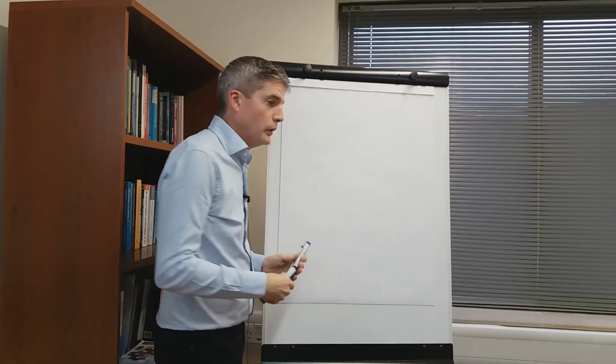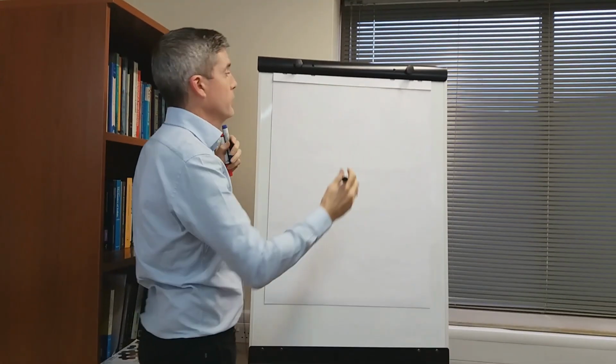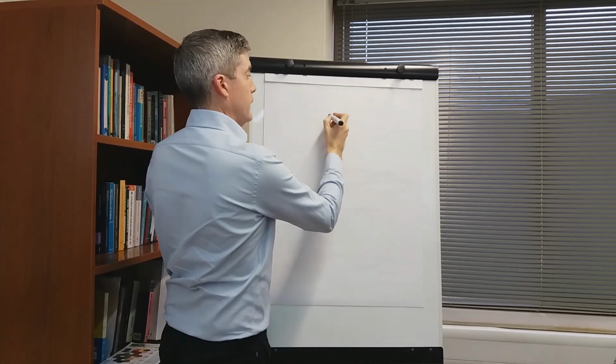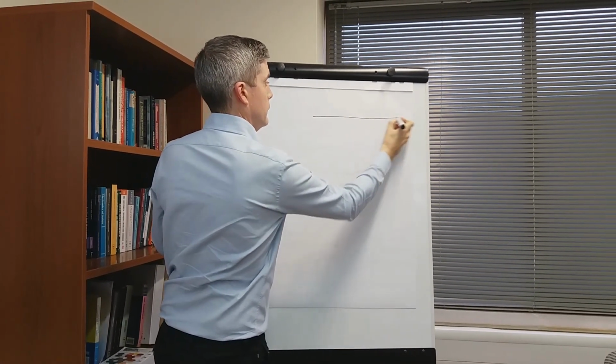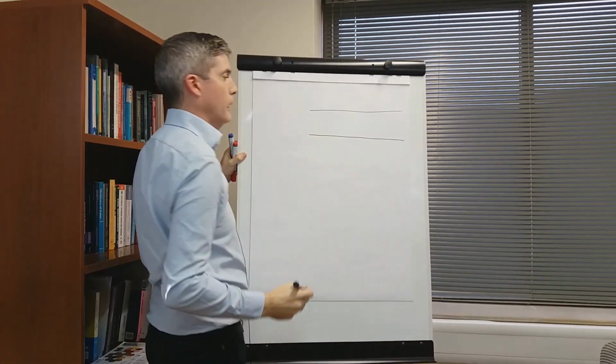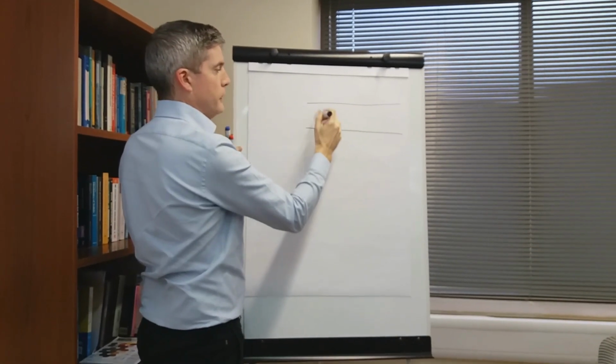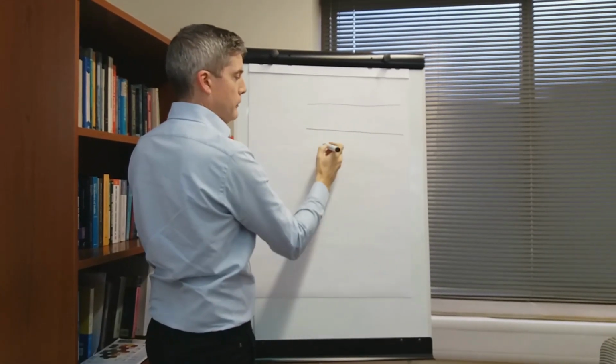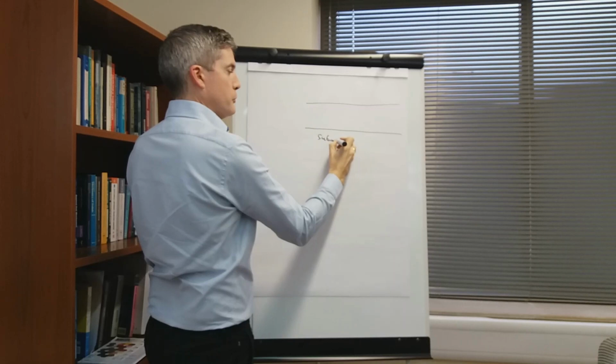So let's look at the problem of a working platform. We have a granular layer that forms the platform, constructed out of a granular material, and down here is the subgrade.